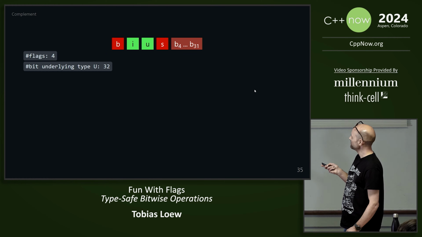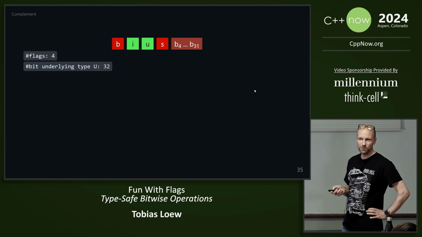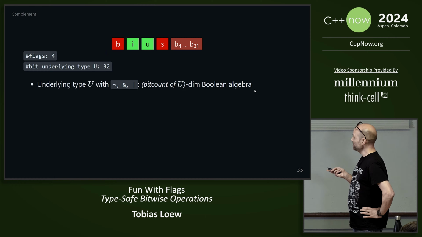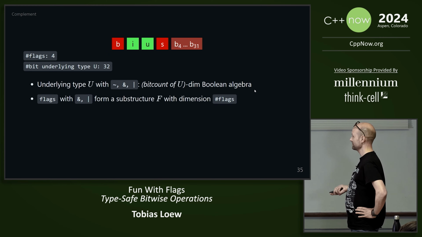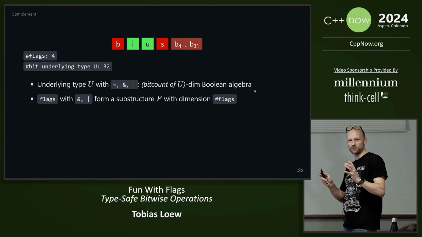So here we have our flag set, which has 4 dimensions, but the underlying type, let's call it U, has 32 different bits. So it has 32 Boolean dimensions. So U, together with negation and OR, is a 32-dimensional Boolean algebra. But our flag set, now only with AND and OR, forms a substructure of it.